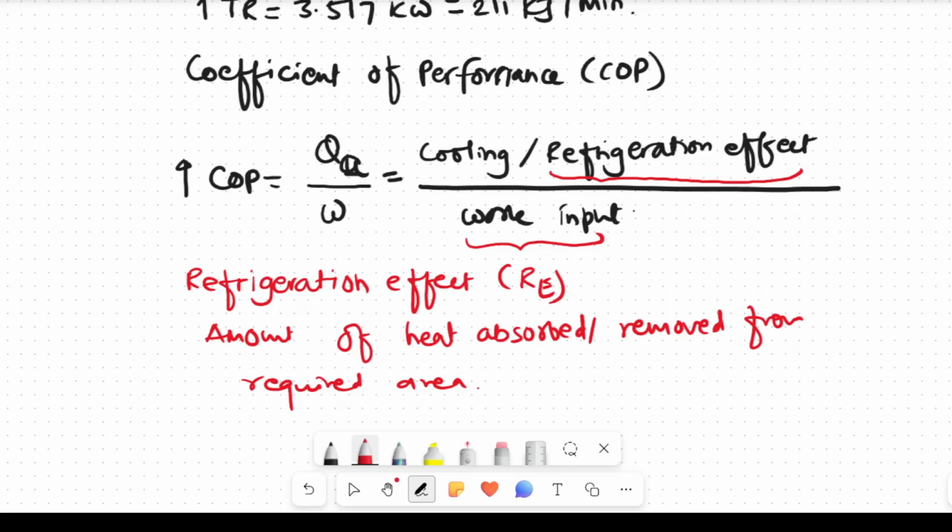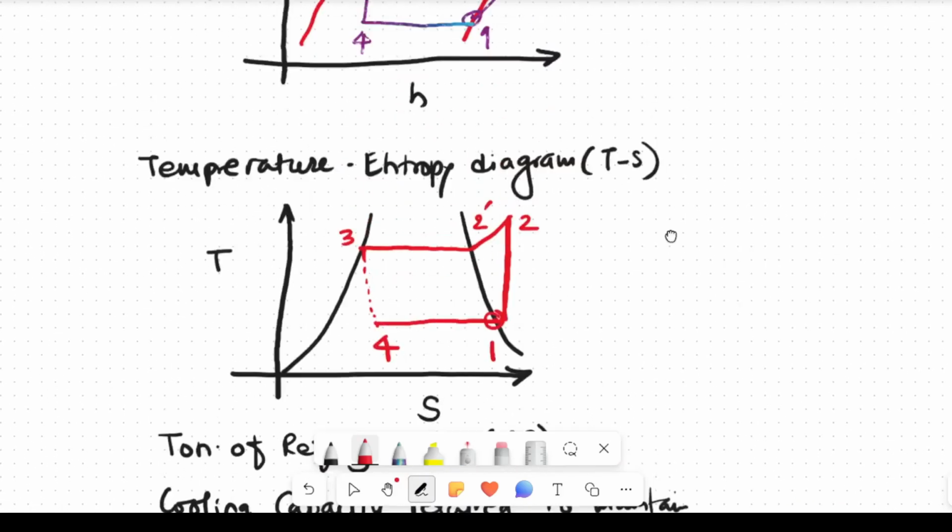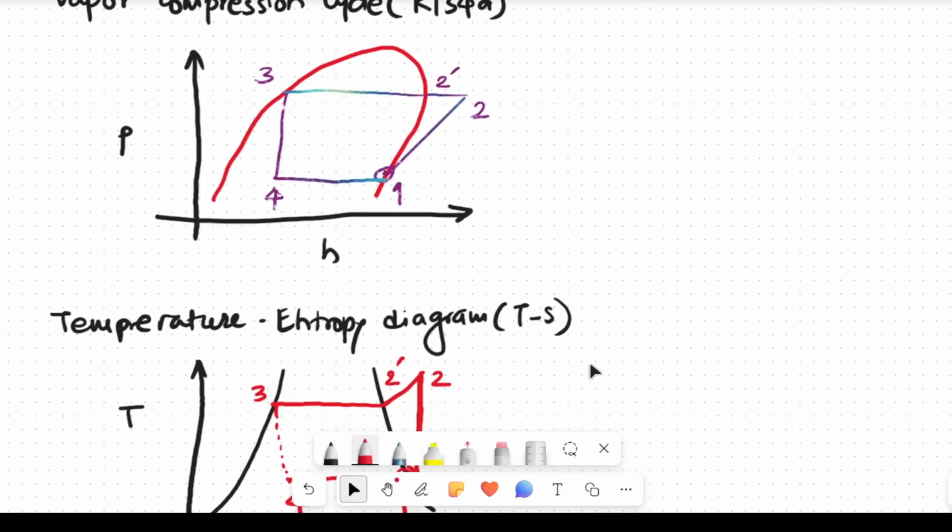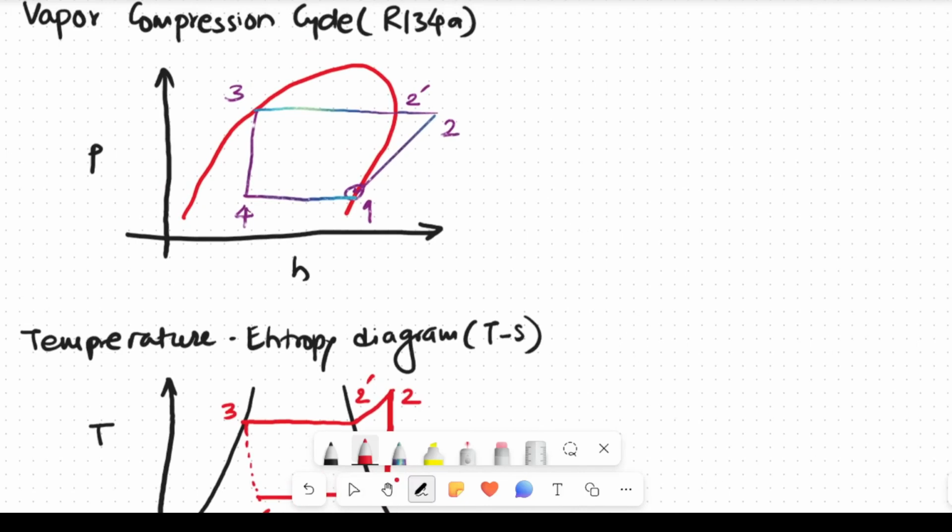Now, friends, I have plotted the simple vapor compression cycle, VCC, just 1 minute back. So let's go to the diagram. I hope you can see the diagram. Now, if we talk about the RE, RE is equal to H1 minus H4.